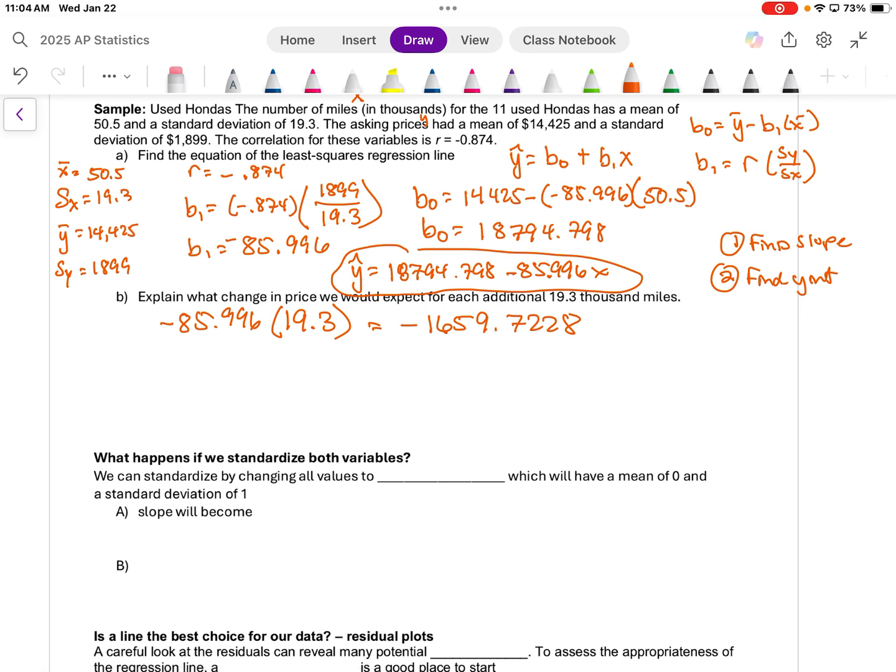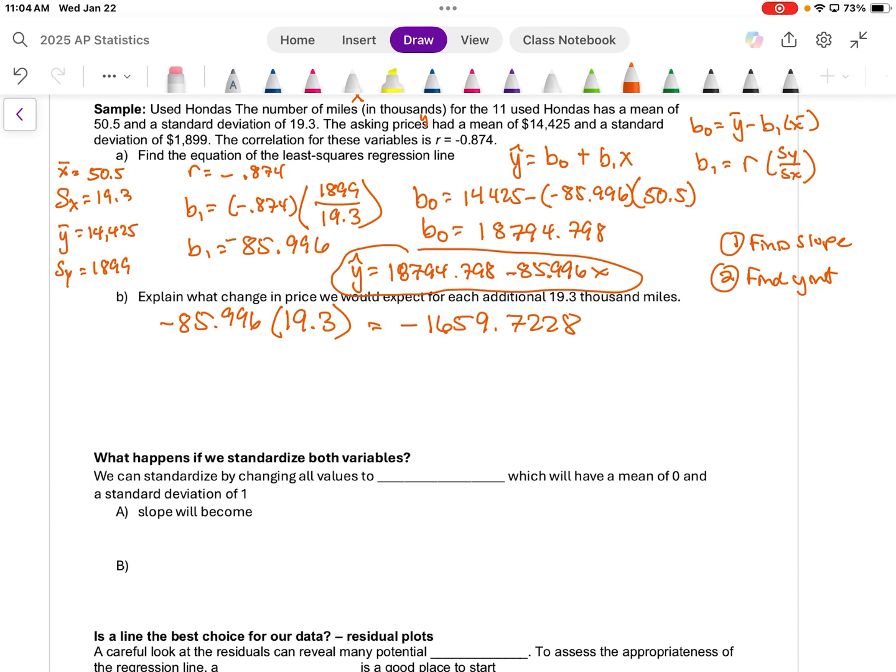And again, the slope was technically for every 1,000. It decreased $85 or $86 for every 1,000. They're asking us for every 19,000 miles driven, what is it going to decrease by? Not just 1,000, but 19,000 miles driven.